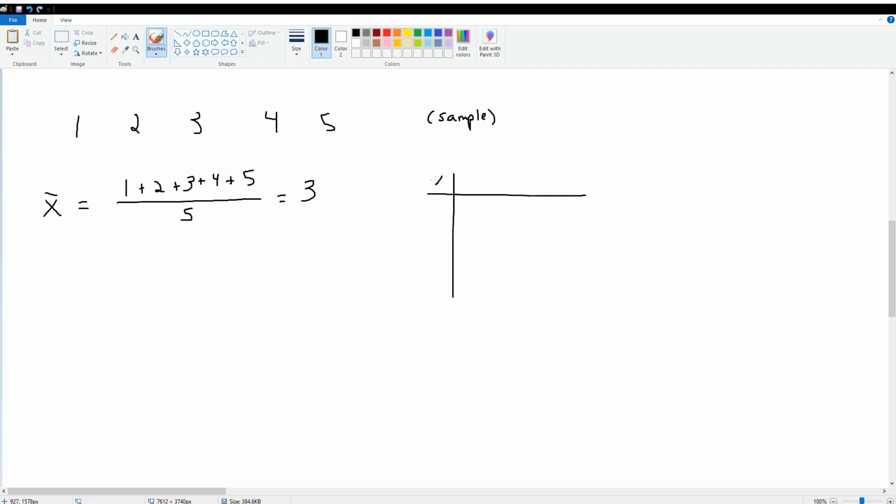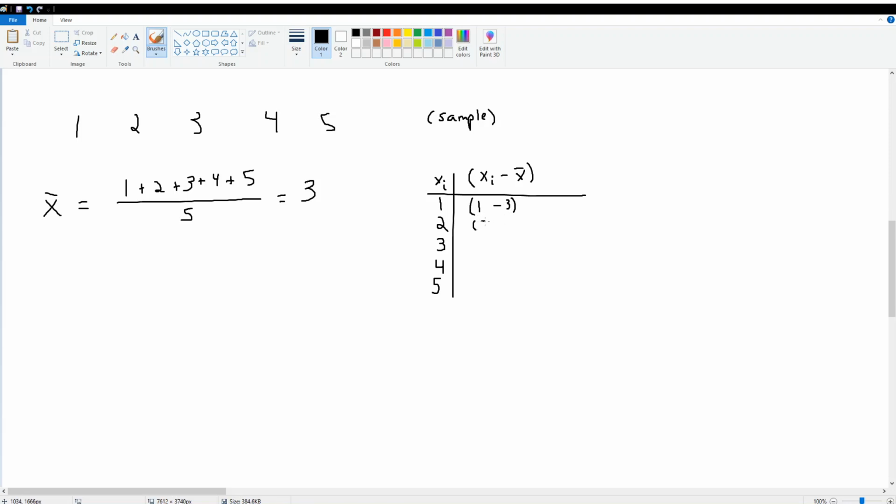So in our first column, we're going to have our data points, xi. So our data points are 1, 2, 3, 4, and 5. Now we need to get the differences between the data points and the sample mean. So that's going to be 1 minus 3.